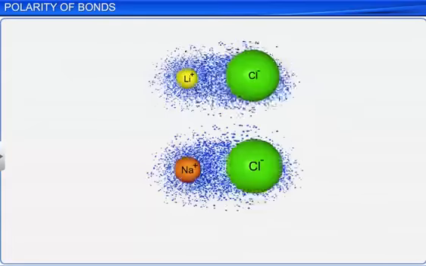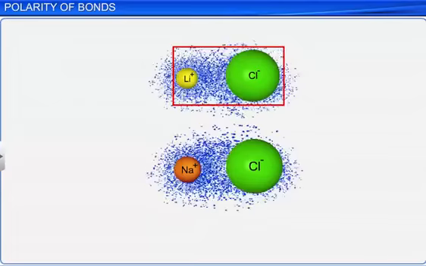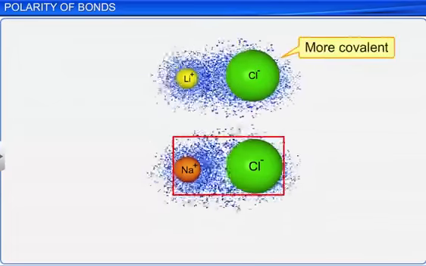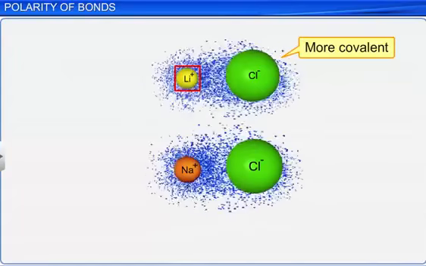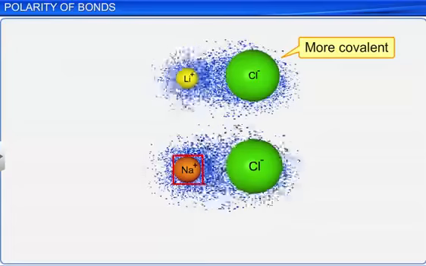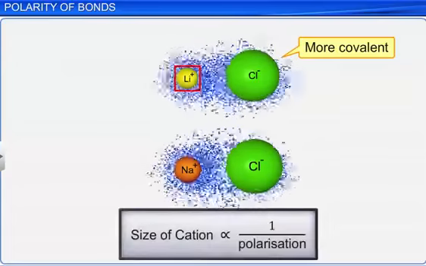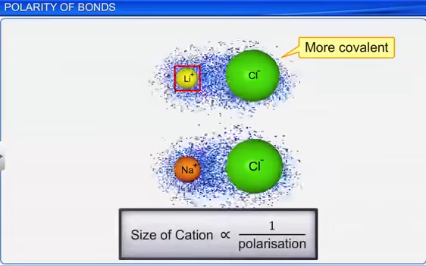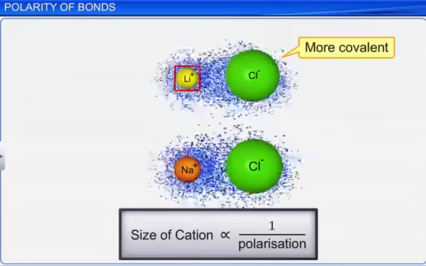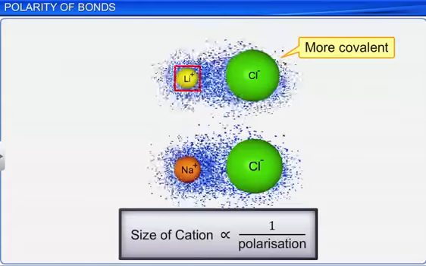For example, lithium chloride is more covalent than sodium chloride because the size of the lithium cation is less than that of the sodium cation. The smaller cation has a higher electron density, and hence it can distort the electron cloud of the anion easily.